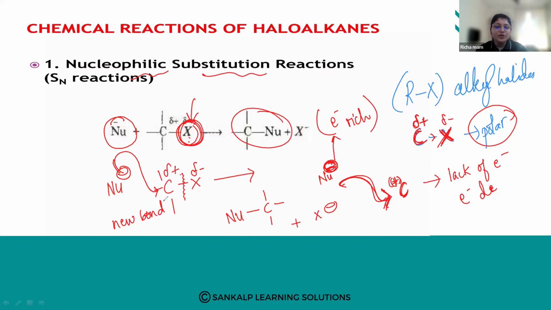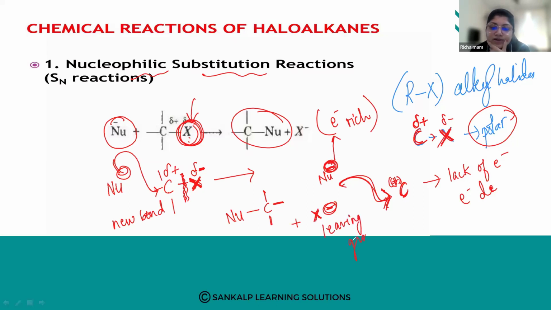As a result, a new bond is formed between the nucleophile and carbon, and the older bond between the carbon and the halogen atom is broken, and the product is formed. This X, as it is highly electronegative and has a negative charge, will cleave by taking a pair of electrons along with it. And this is called a leaving group.